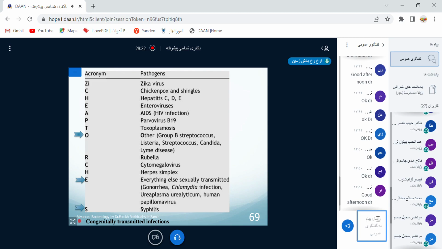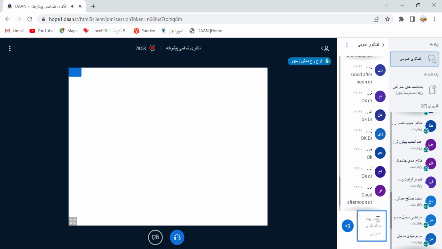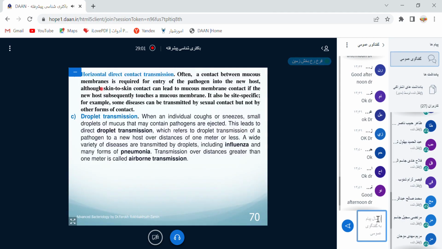If any microbe can be transmitted from mother to fetus, we call it congenital transmission. From mother to fetus by placenta, we call it a congenitally transmitted infection. So if during pregnancy a mother has one of these infections, these pathogens can be transmitted vertically from mother to the fetus.